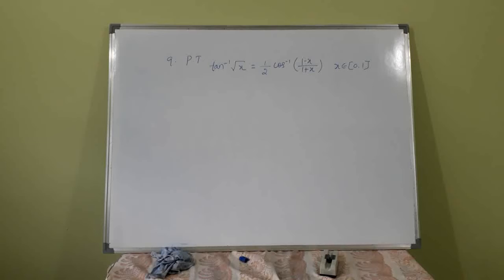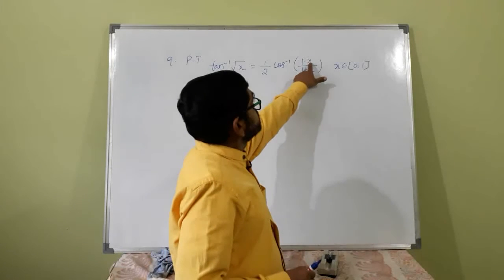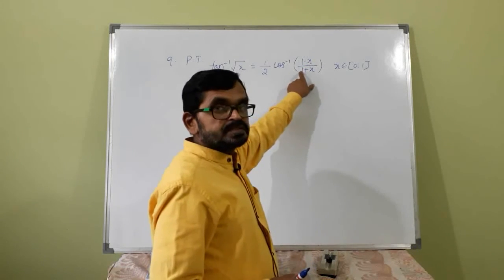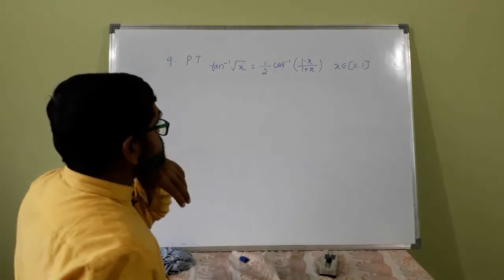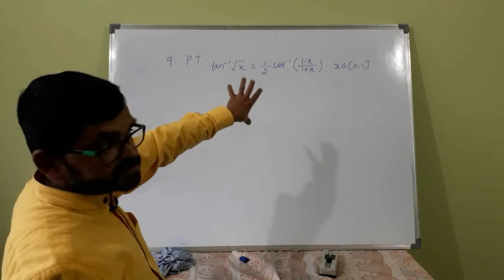See the ninth one. Tan inverse of root x is equal to half into cos inverse of 1 minus x divided by 1 plus x, where x belongs to the range 0 to 1. It will be very easy if you substitute x is equal to tan square theta, not tan theta, because 1 minus tan square theta divided by 1 plus tan square theta is equal to cos 2 theta. Then cos inverse of cos 2 theta means 2 theta.